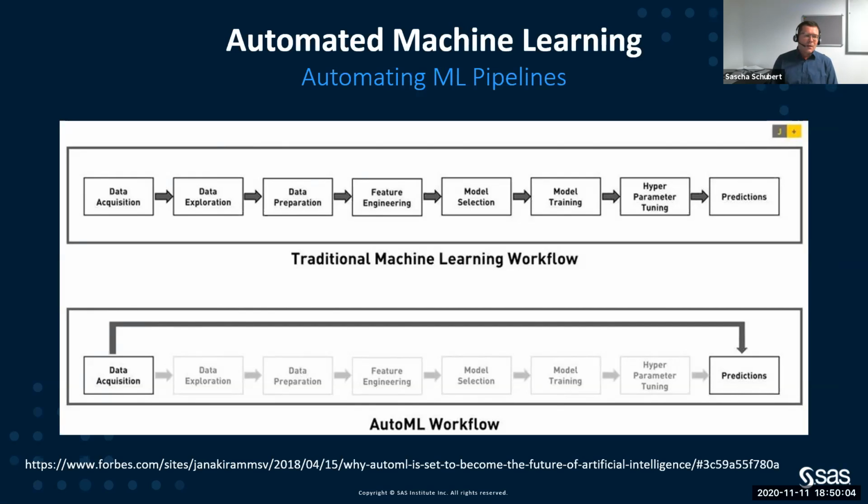And I want to say right from the beginning, when we talk about automated machine learning from a SaaS perspective, we're not saying we want to create a black box. Even though on this slide these boxes are grayed out, from our perspective that does not mean you cannot access those boxes and are at the mercy of the machine, and whatever the machine tells you is what you need to take.